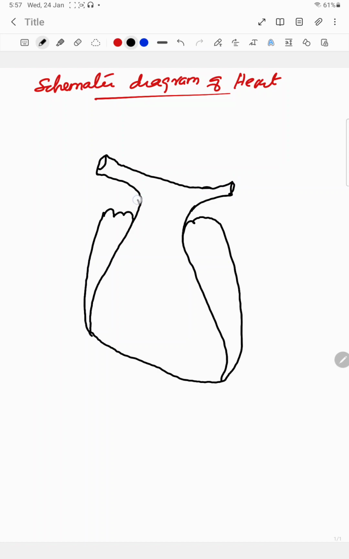Again from here over this, like this. Now just erase this part.